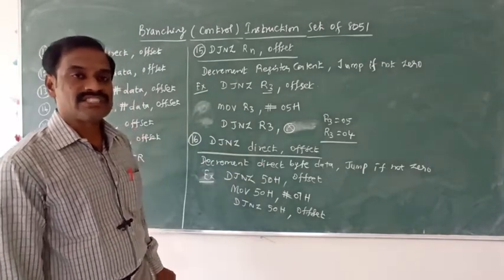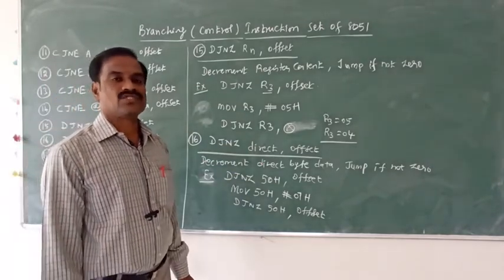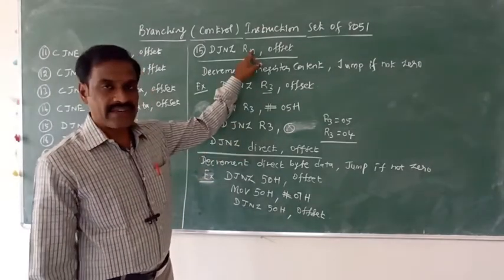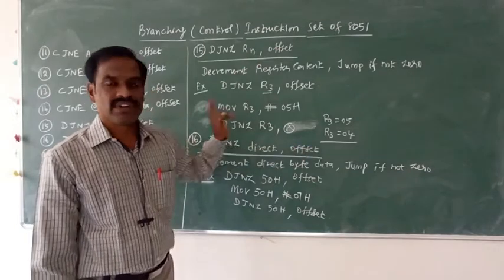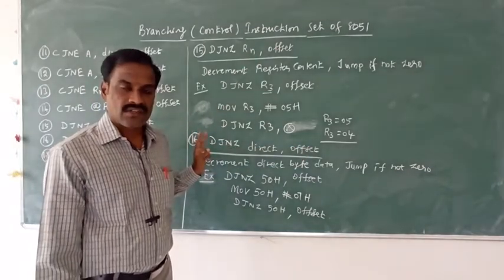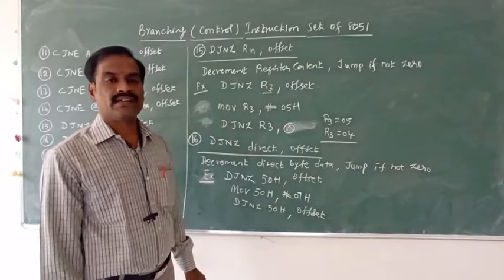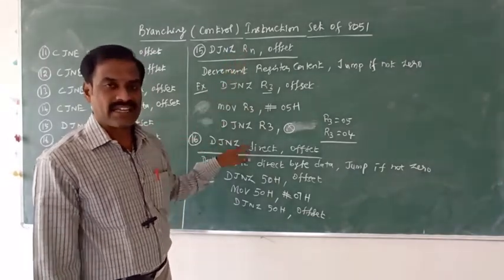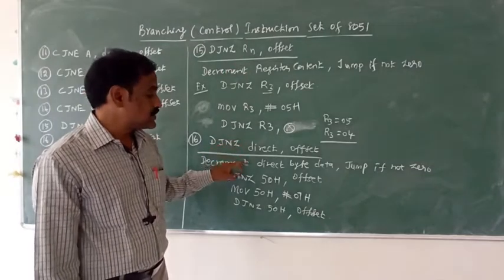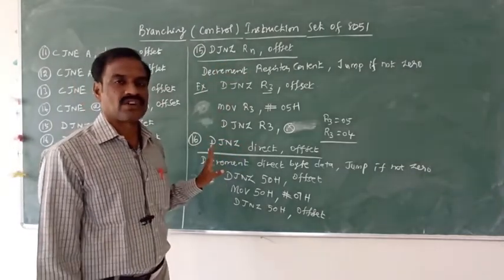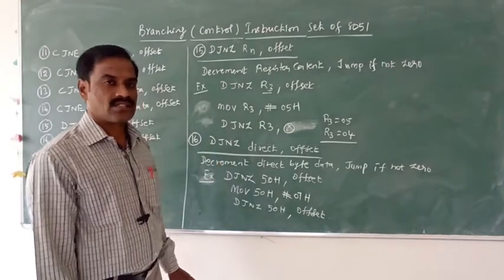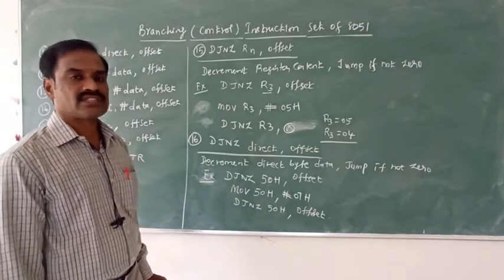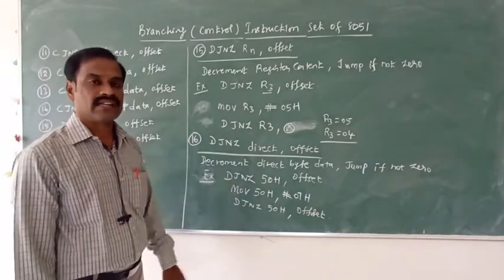After decrementing it will check whether it is 0 or not. If the result is not 0, the condition will be satisfied and it jumps to the given memory address location. Suppose after decrementing the result is 0, this condition will be unsatisfied. Unsatisfied means execute the next memory address location of the program.